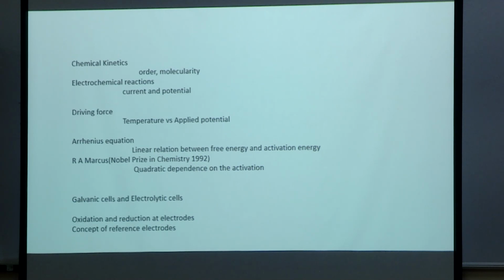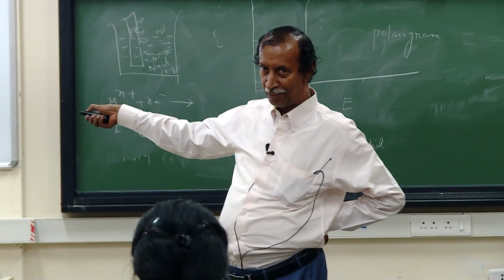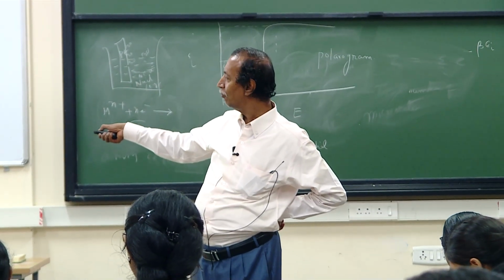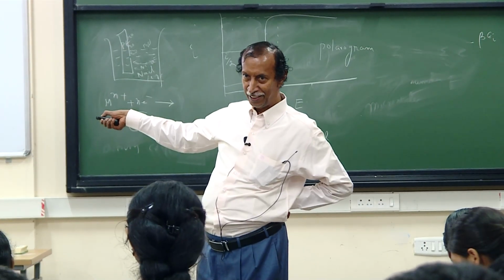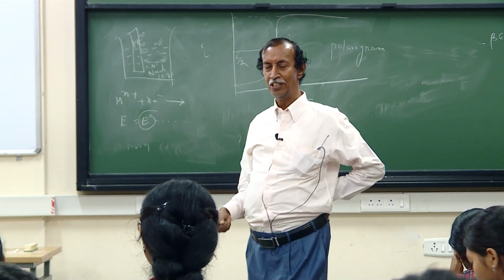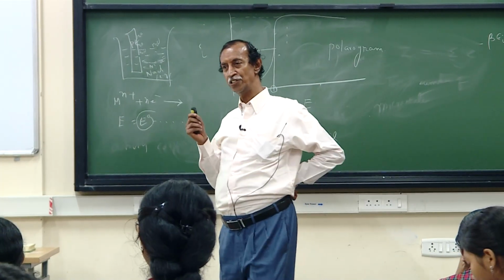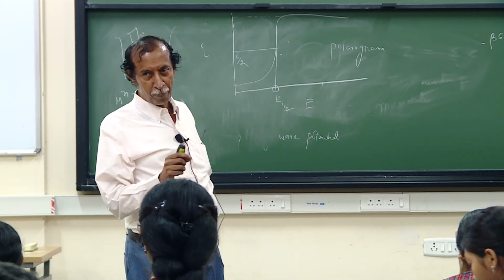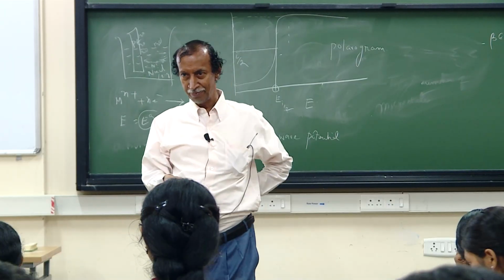Right. So in electrochemistry, potential is the driving force. In kinetics, temperature. Right. You apply 1000 Kelvin in chemical kinetics. Here 0.5 volt is enough to drive the reaction. So electrochemical reactions are far more powerful than temperature-driven kinetic data.